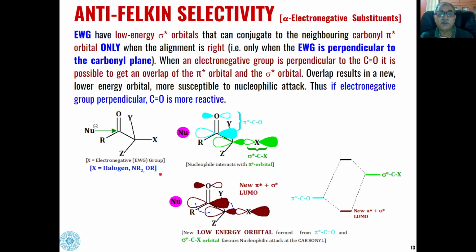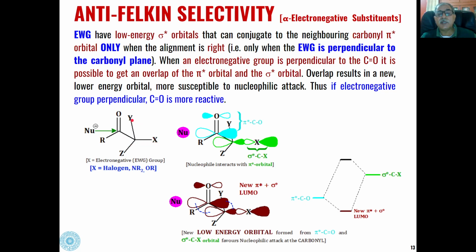So if we go into the chemistry of this anti-Felkin selectivity, what happens is that say this is our carbonyl compound, and this carbon is the alpha carbon to the carbonyl system, right?